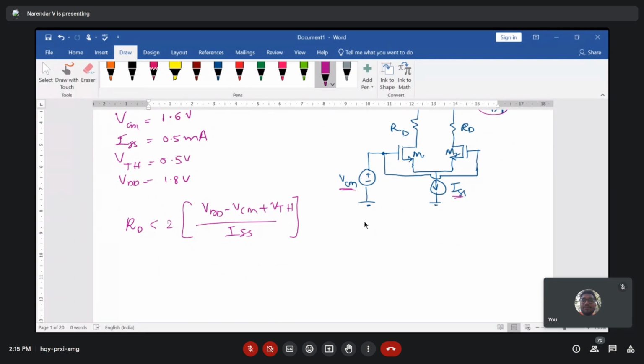ISS is 0.5 milliampere, which is like 1 by 2, so the 2 goes up: 0.7 into 2 is 1.4, and milli becomes K, and with the twice, we end up with 2 into 1.4 K. So RD is definitely less than 2.8 kilo ohm. This is the RD value you need to choose for this kind of signal. So you cannot increase RD as you wish to increase the gain of the amplifier.